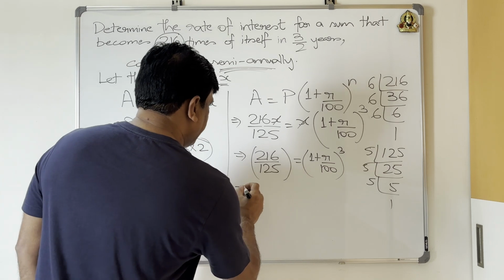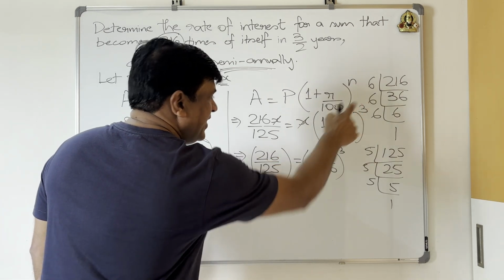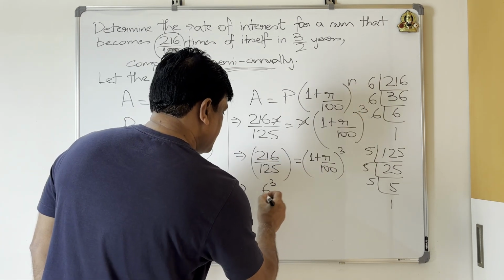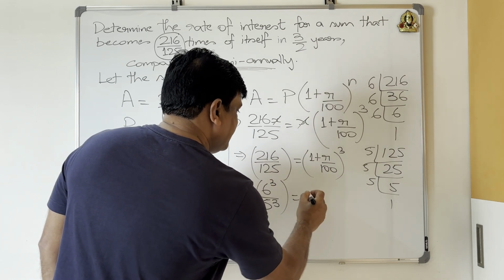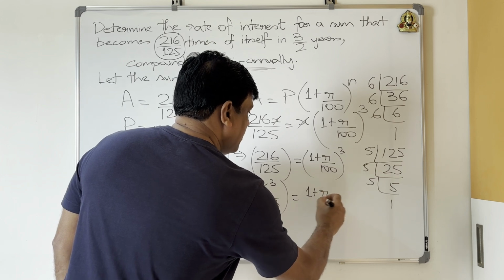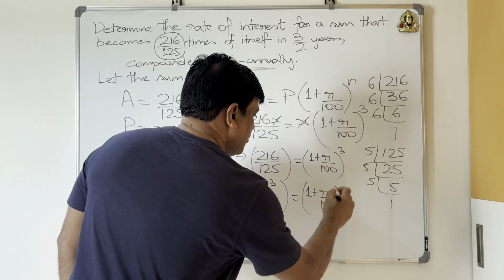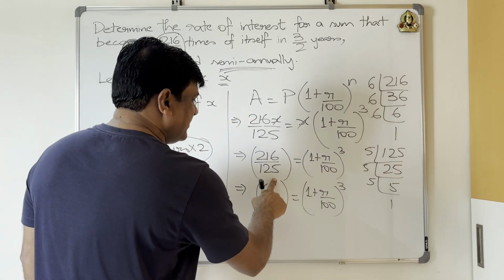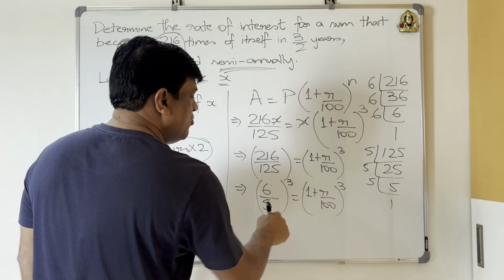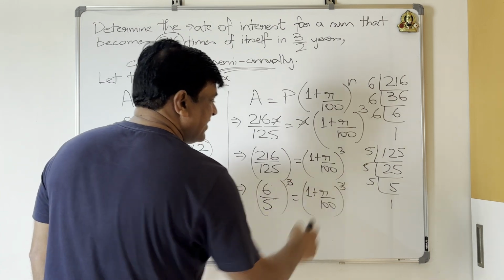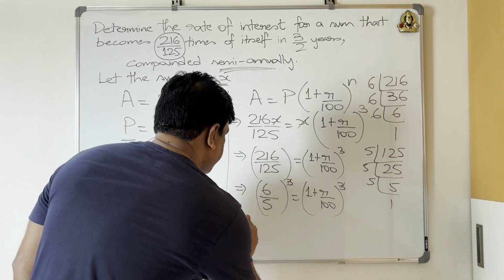So how can I write this? I can write 216 as 6 cube, and this will become 5 cube, is equal to 1 plus R by 100 whole cube. Both sides I have a cube outside, so I can cancel it out.